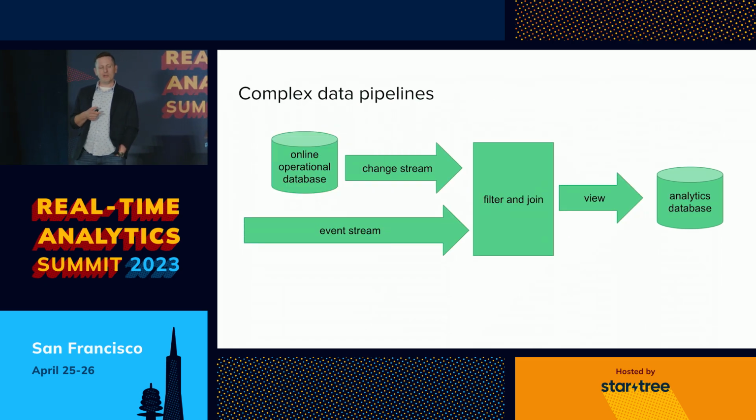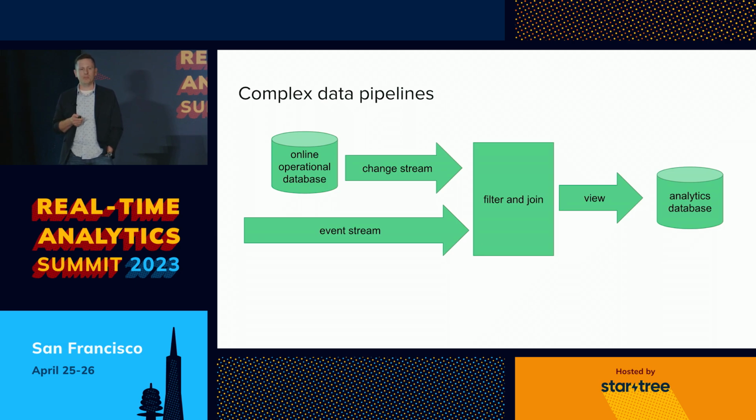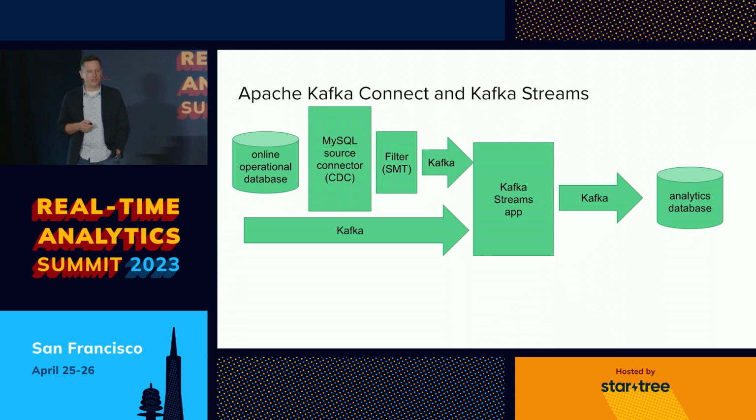I think this tends to break down when your data pipelines get more complicated, though. Maybe we have a join that we want to accomplish in the middle of our pipeline, right? Maybe we have a change stream from some operational database, and we also have an event stream from something like Kafka, and we want to join that and do some sort of lookup. So in the Apache Kafka ecosystem, the answer to this is Kafka Streams.